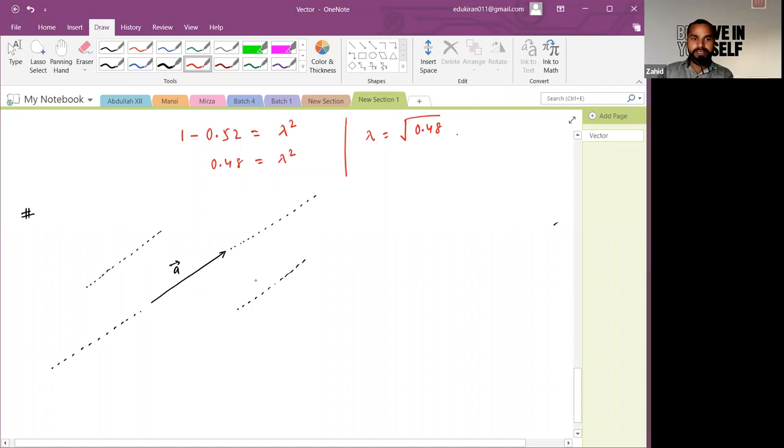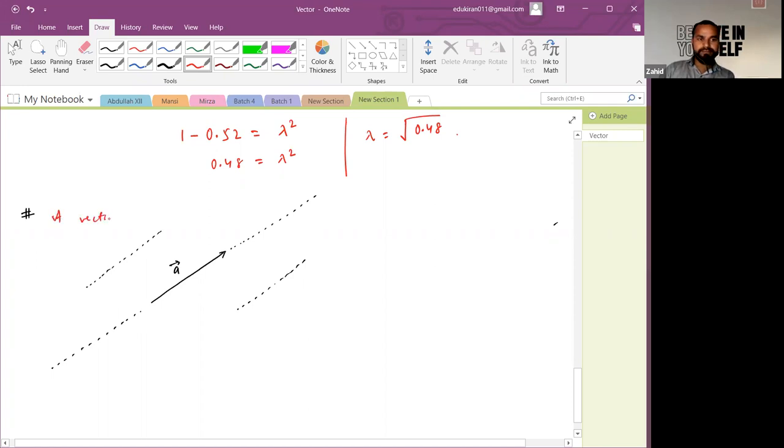It will remain the same. So there is no impact of sliding a vector if its length and its orientation or inclination with respect to x is fixed.